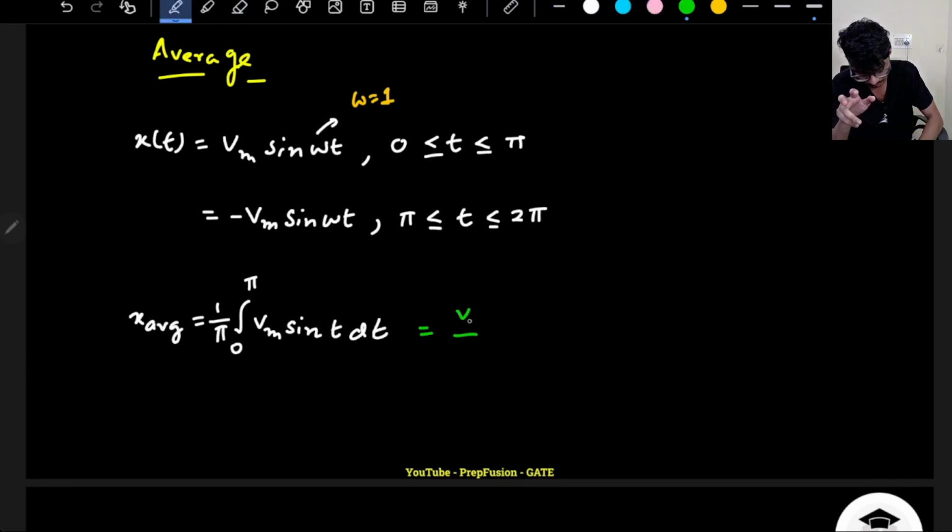Vm by pi is outside, minus Vm by pi, and this is cos t from 0 to pi.